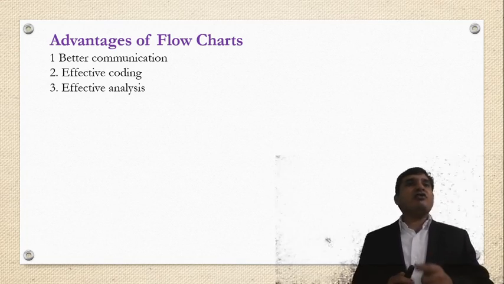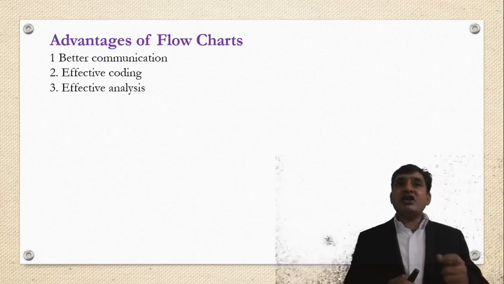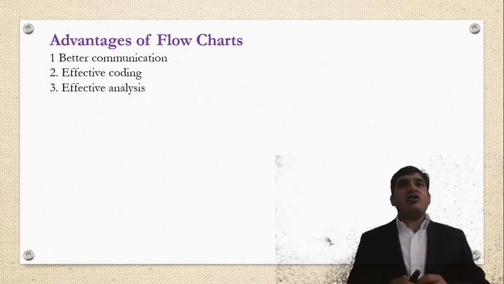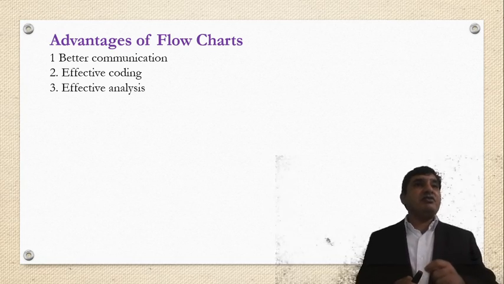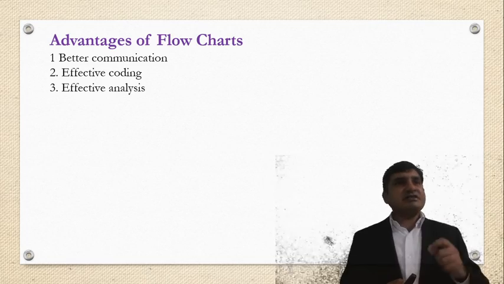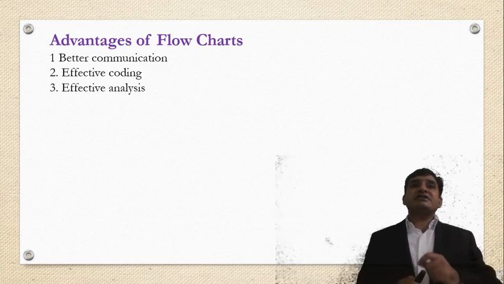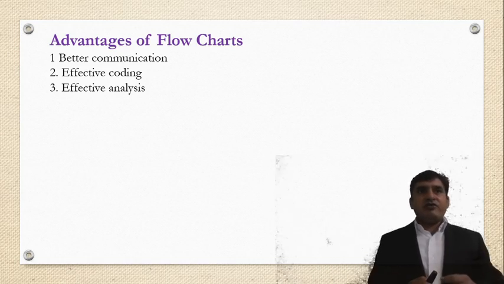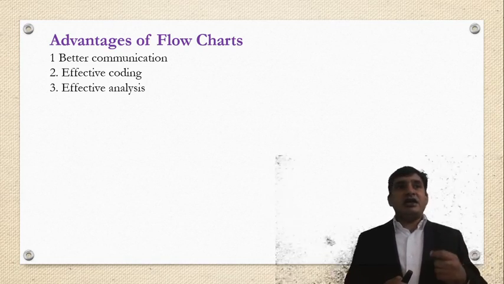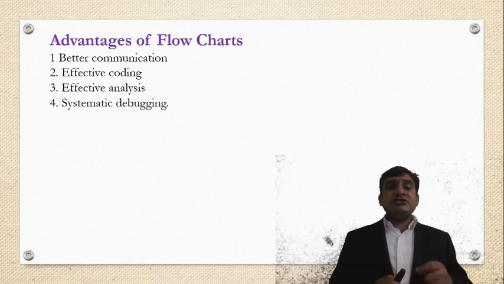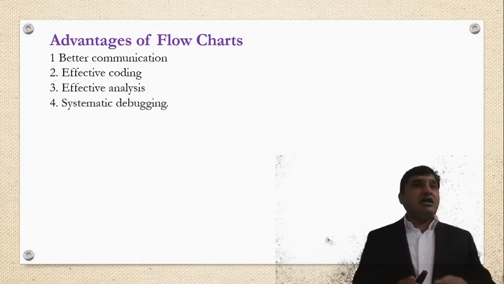So a macro flowchart that charts the main line of logic of a software system becomes a system model, and such a system model can be broken into small parts for study and analysis. Then next advantage is systematic debugging.